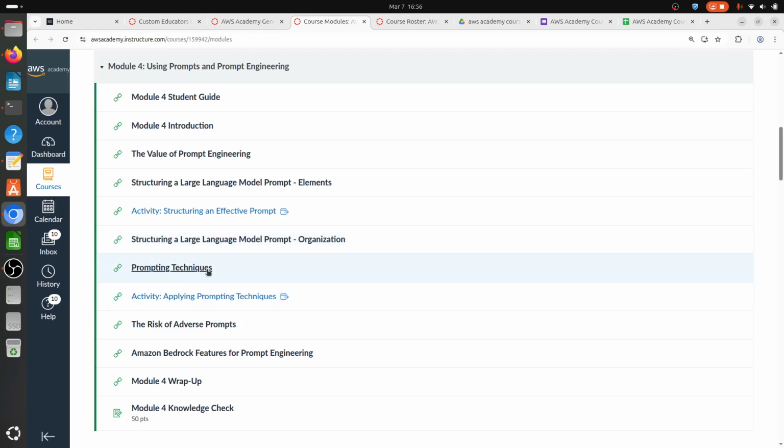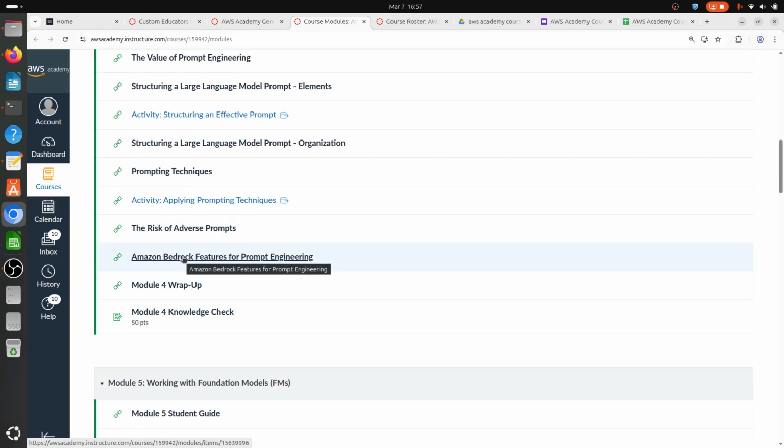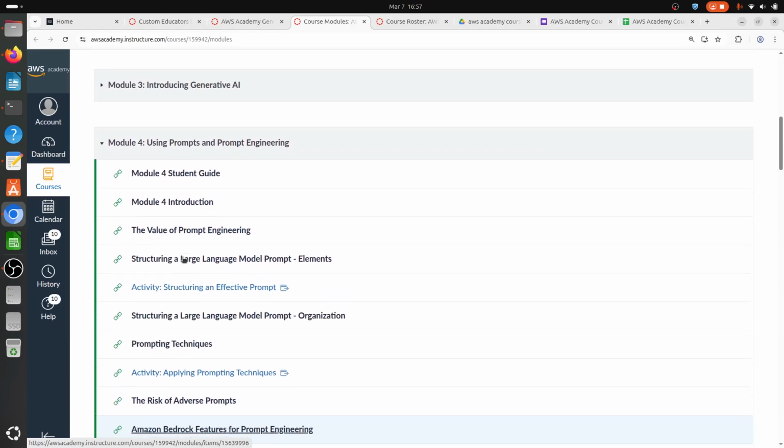What are the different prompting techniques? Risk of adverse prompts: what happens if I give an adverse prompt? And how Amazon Bedrock provides certain features to you as a user of that service to make your prompts more properly engineered. That is the overall structure of this particular module.